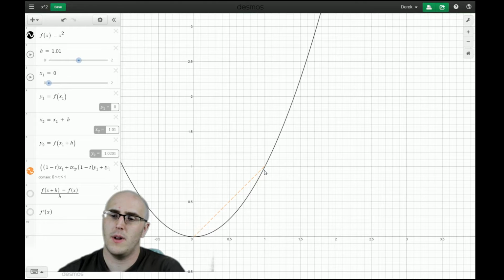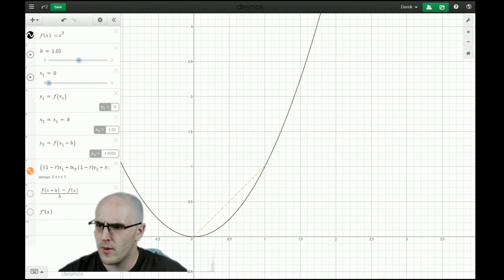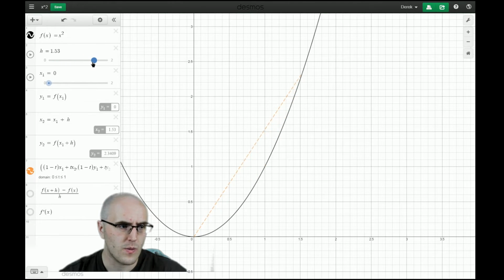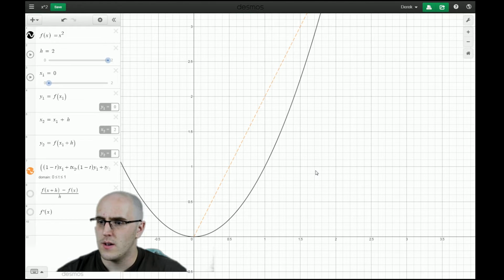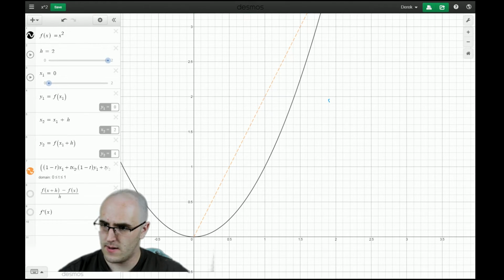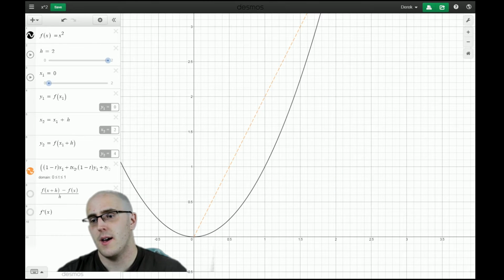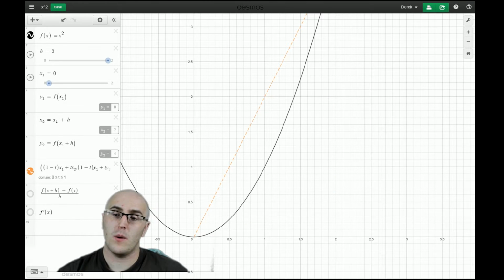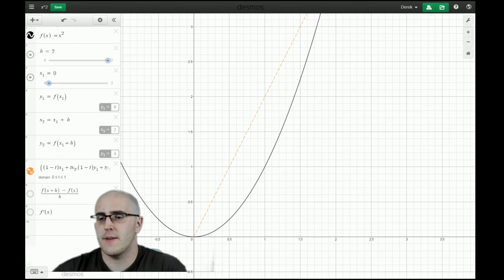So in the past, we would have done something like this. We would have taken a line segment going from one point to another, and we were interested in the slope at, let's say, 1, so I'm going to increase this to 2. So we would take a line here, and we do rise over run. We draw our lines, we get our values and divide it out, and we come up with a slope. That's an average slope. What we need is what's called an instantaneous rate of change.